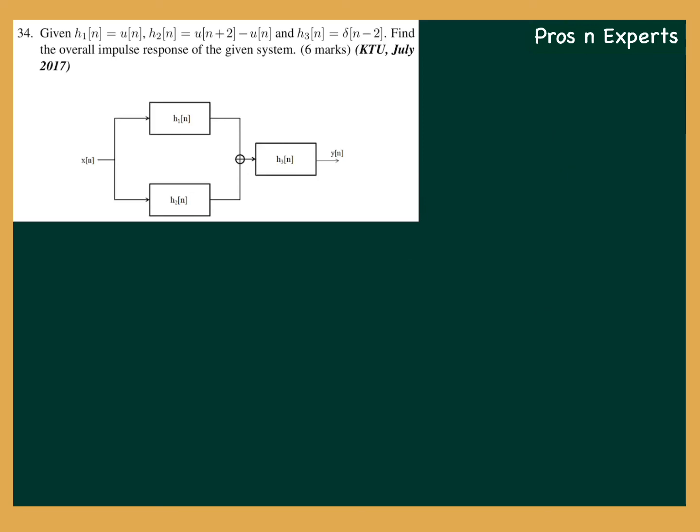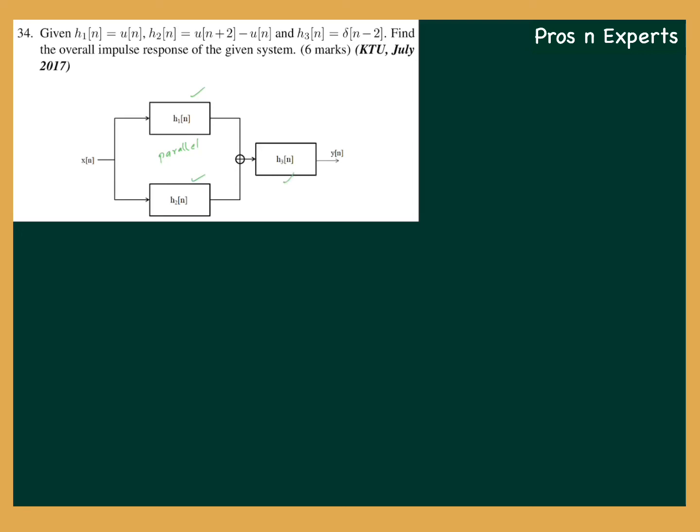Okay, in this problem the systems h1 of n and h2 of n are in parallel. And the equivalent of this h1 of n and h2 of n is in cascade with h3 of n.